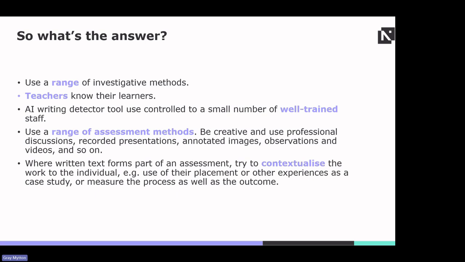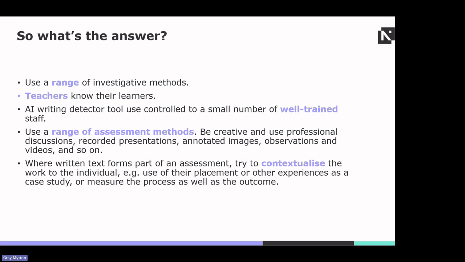And then the last point is around contextualizing assessment. So really trying to draw on individuals' experience of life, maybe their placement, maybe putting in a case study, so that you're really forcing someone to understand the context rather than just the knowledge that you're assessing. And or, as it says there, using a measure of the process as well as the outcome.